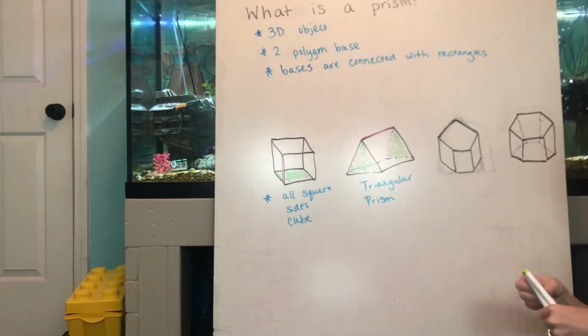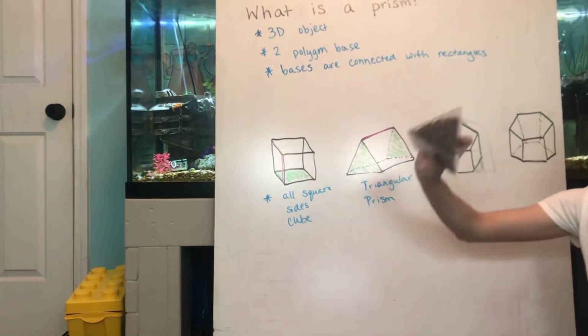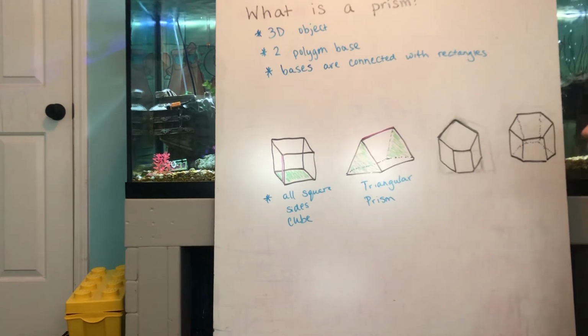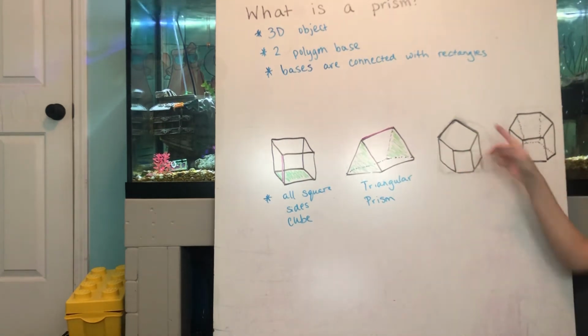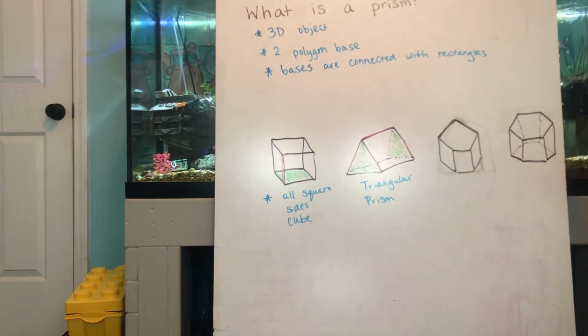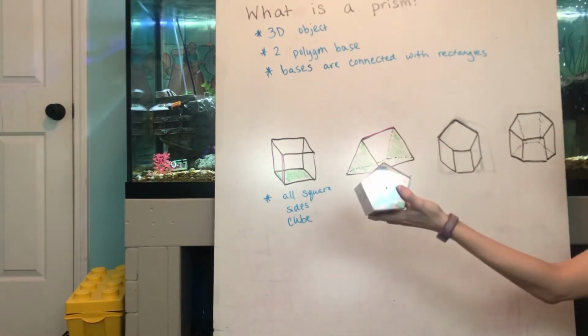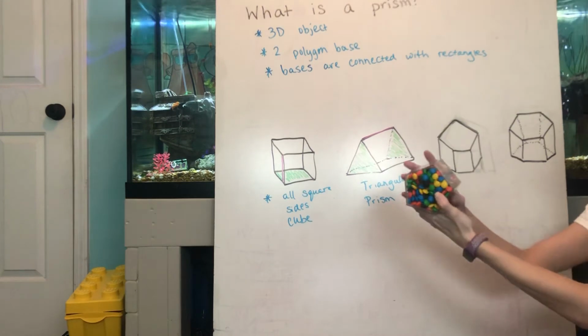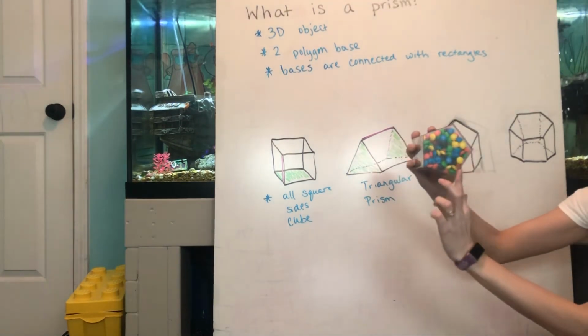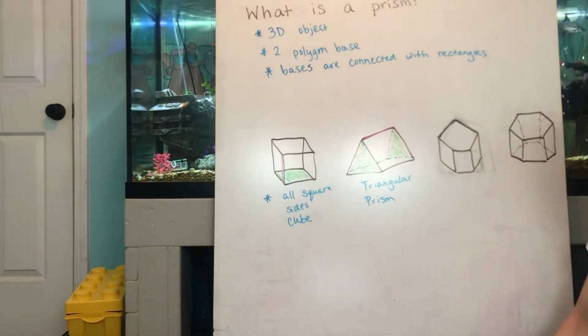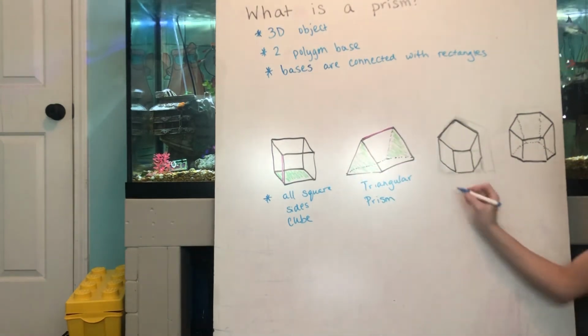And just in case my drawing is that bad, here's an example. I like to keep my chocolate chips in it. This one, you can't really see on the notes either, but I have one right here. I keep my M&Ms in it. One fell out. It has a pentagon base, so it's known as a pentagonal prism.